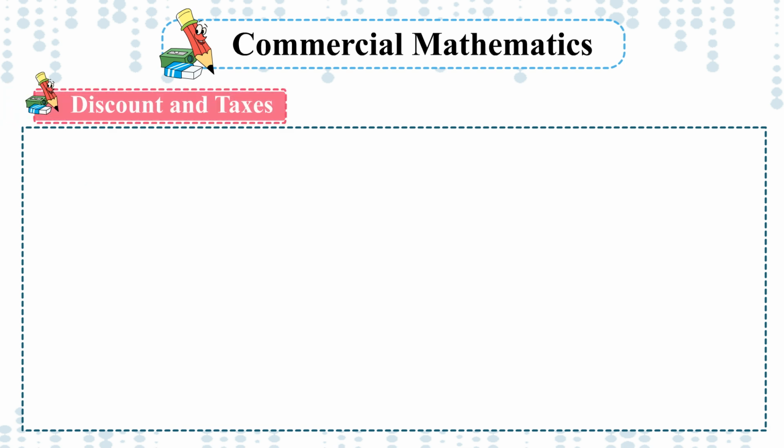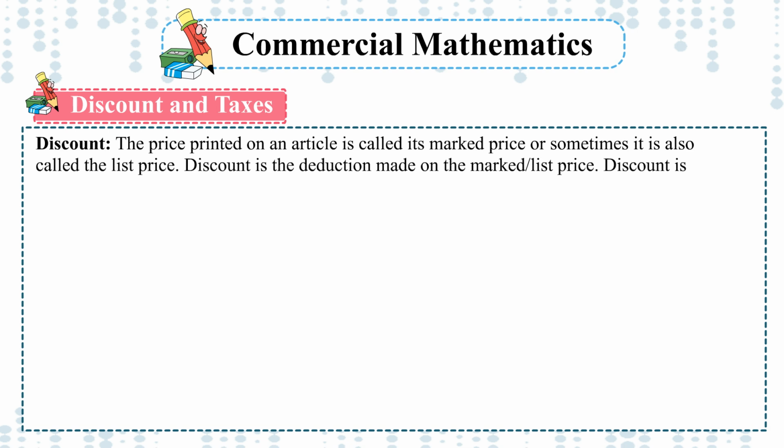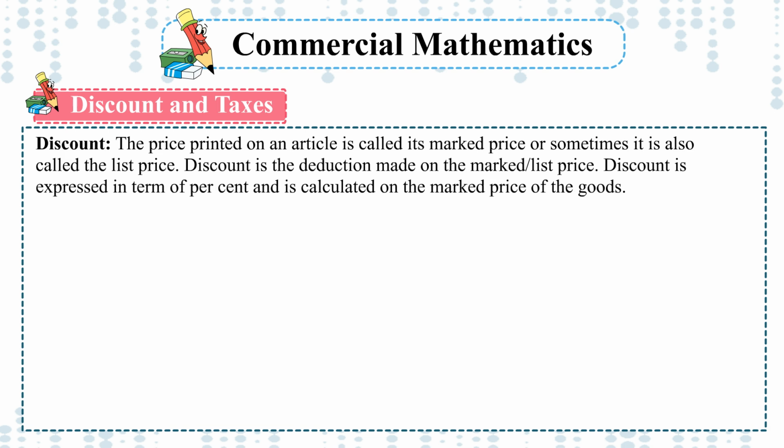Discount and taxes. Discount: the price printed on an article is called its marked price, or sometimes it is also called the list price. Discount is the deduction made on the marked list price. Discount is expressed in terms of percent and is calculated on the marked price of the goods.